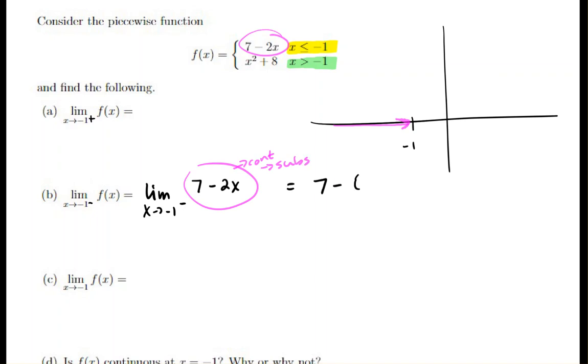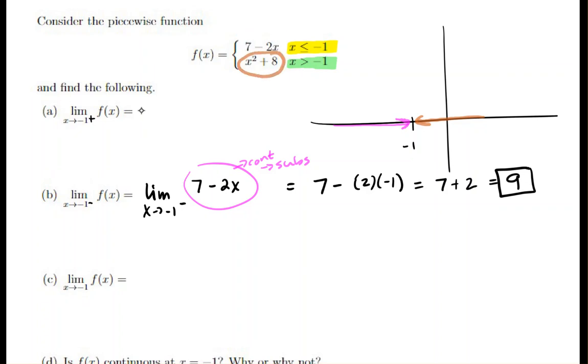And we know the value of the limit is equal to the value of the function at that point because it's known to be continuous. So 9, that's the left-hand limit. Now as we approach from the right, we're approaching through values greater than -1, so we're acting like the parabola.